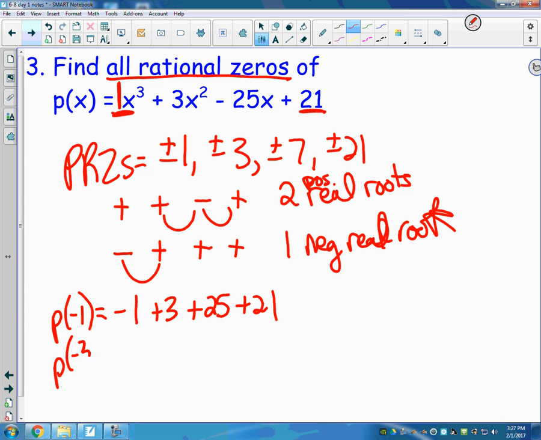But that's all right. I'm going to get my calculator now, and this is where you have to just type the numbers in. So I would get -3 to the third plus 3 times -3 squared minus 25 times -3 plus 21.